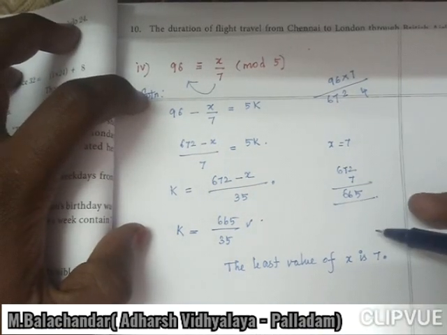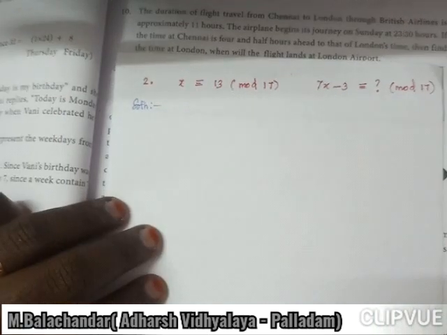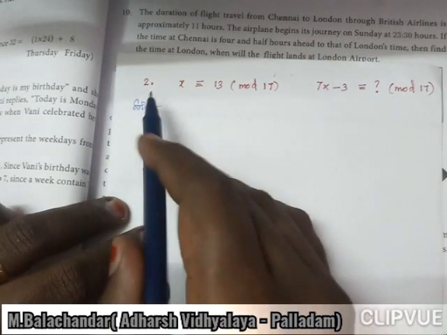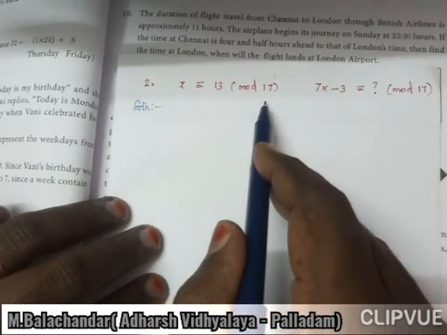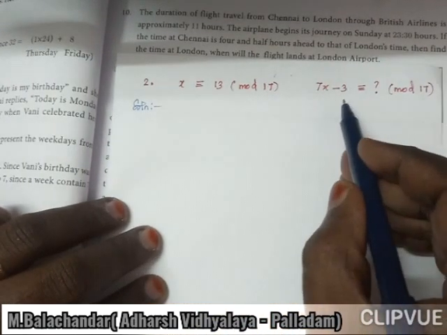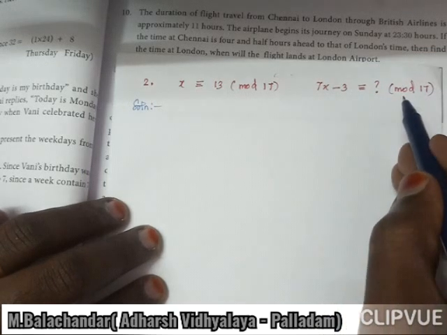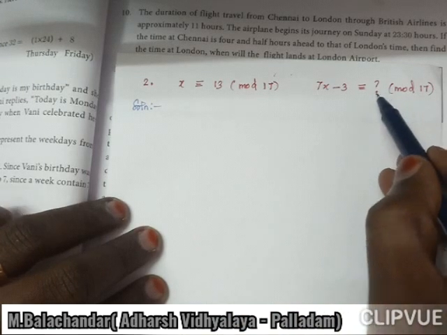You can ask me, how can we find the value of x? Exercise number 2.3, question number 2. The question is x congruent to 13 mod 17, and 7x minus 3 is congruent to what mod 17? So we are going to find this unknown.